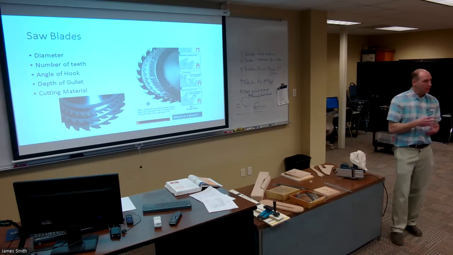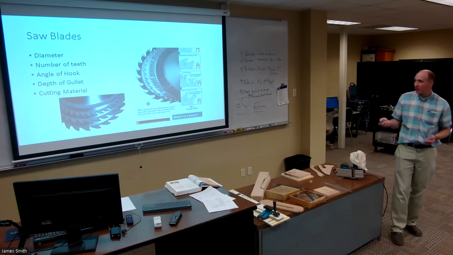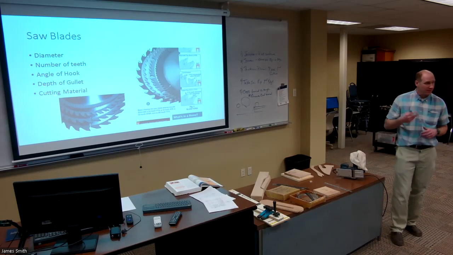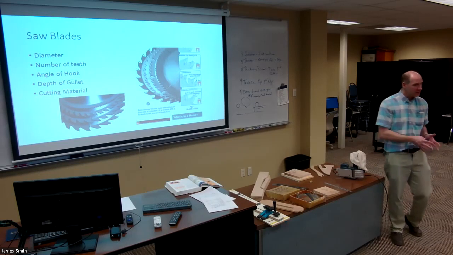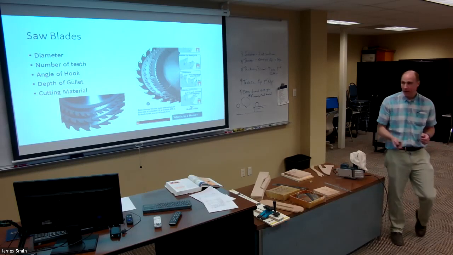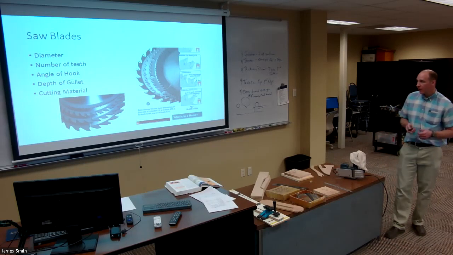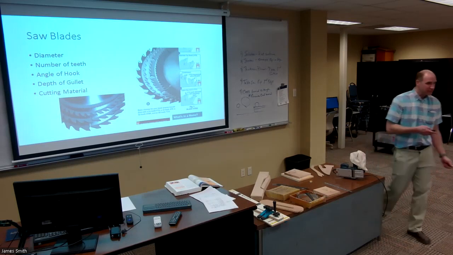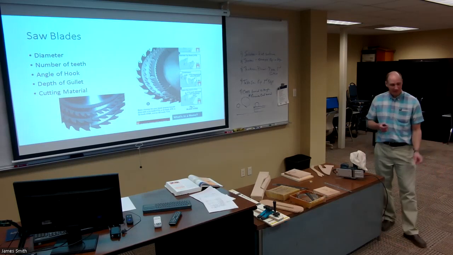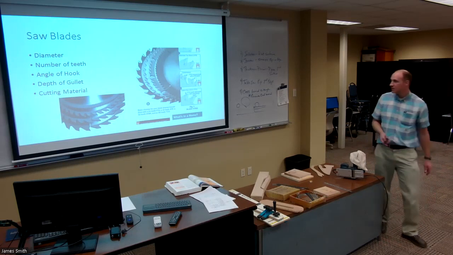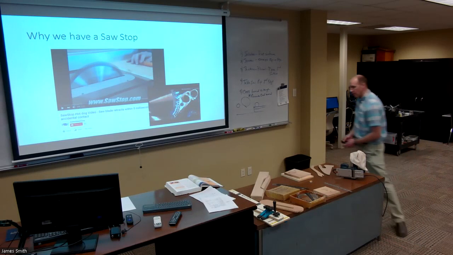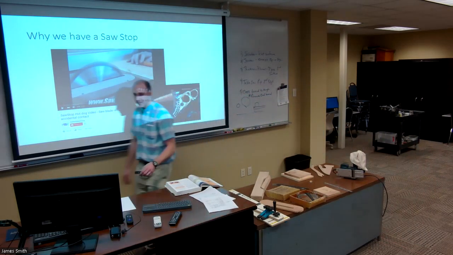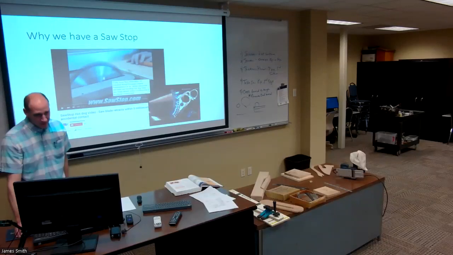There's also a difference between ripping blades and crosscutting blades, which usually has to do with the depth of the gullet. Ripping blades have a lower number of teeth and deeper gullets. Then there's the cutting material: is it a high-speed steel cutting edge, or a carbide cutting edge? There's a lot of technology in these blades, and you can buy them in different gauge thicknesses.